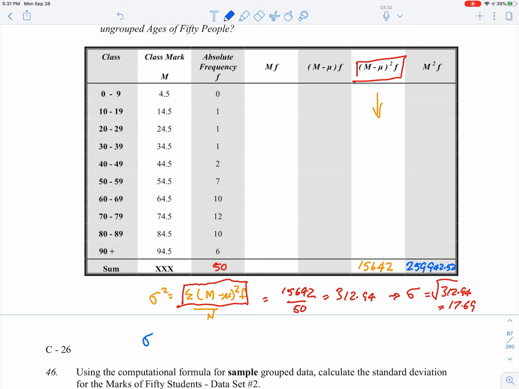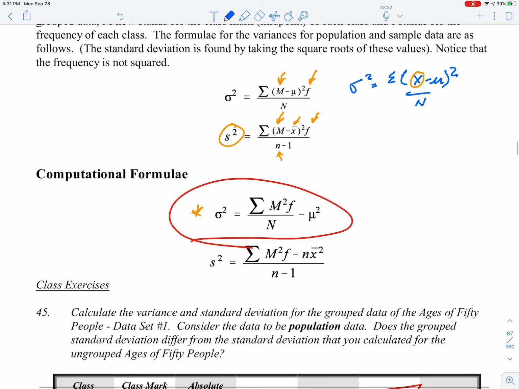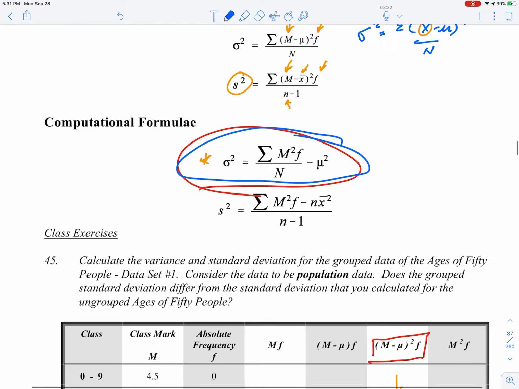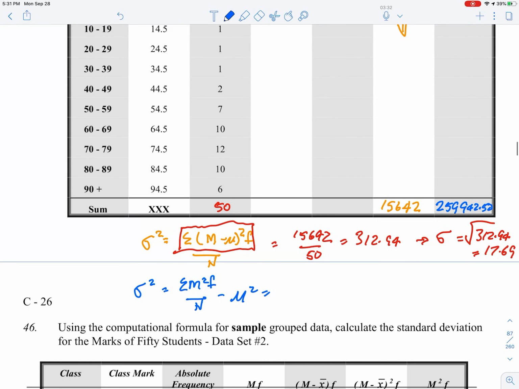And so the formula then that we're going to use here that's easier computationally looks like this. Okay, so it's this guy right here. And remember, the F is not squared. That's important to note here.